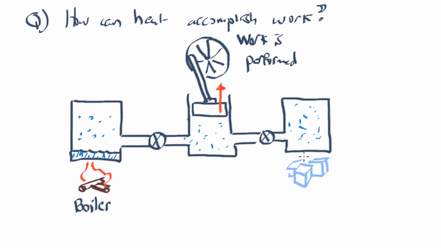And this hot steam, when coming into contact with the cold walls of this chamber, will then condense, forming droplets which rain down and form water in this chamber. This chamber on the right hand side we can refer to as the condenser.